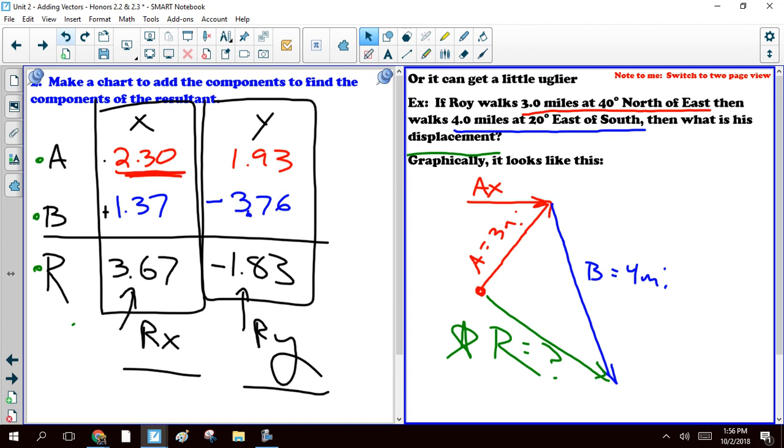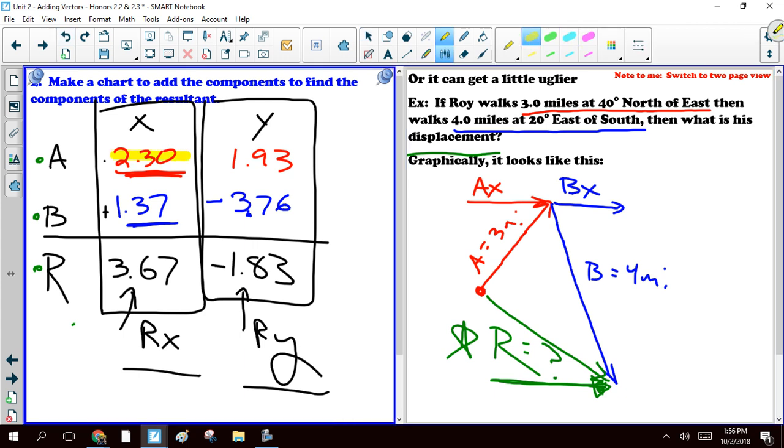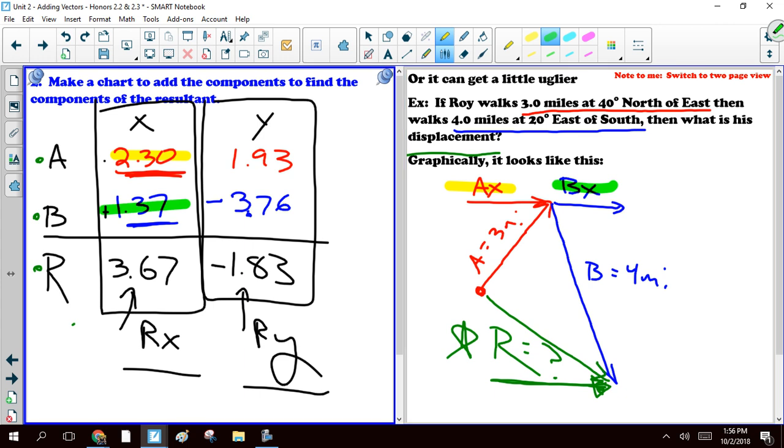And then vector B took me another 1.37 miles east. So there's my Bx. Add those together, and it gives you how far my resultant vector went east, right? So it's yellow plus green equals pink.